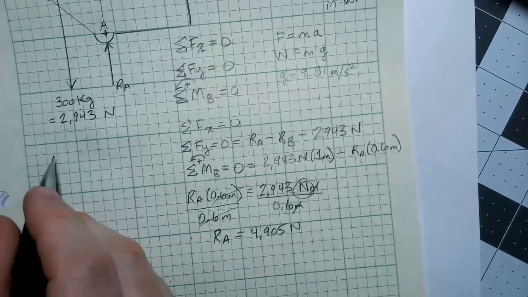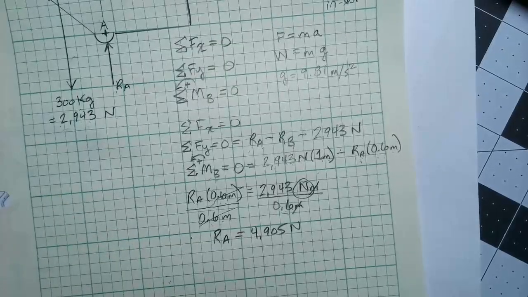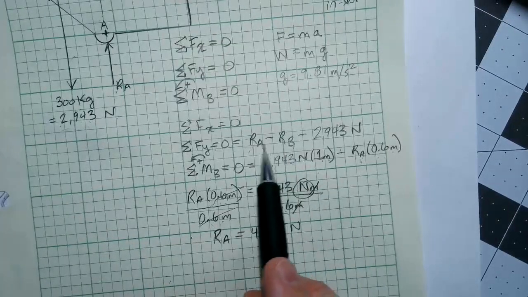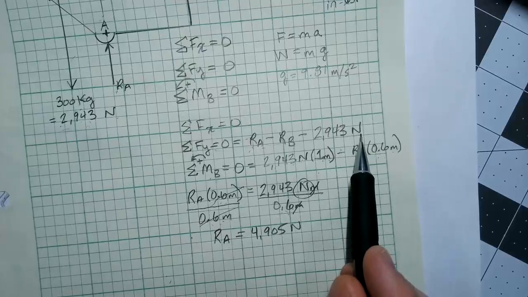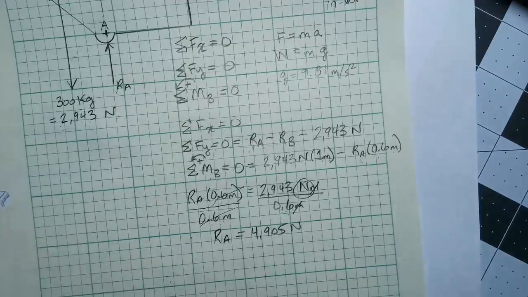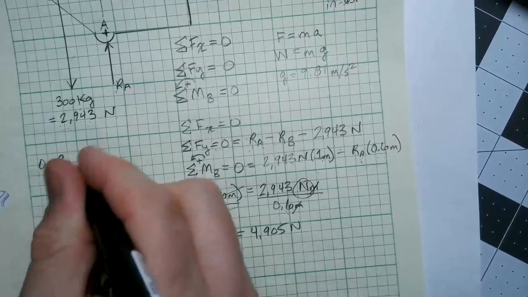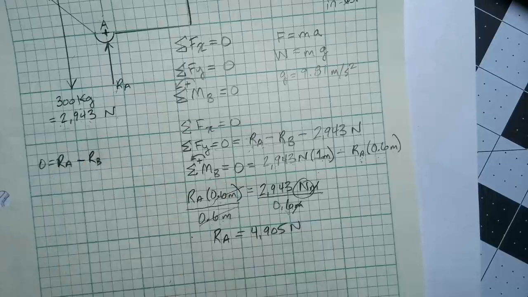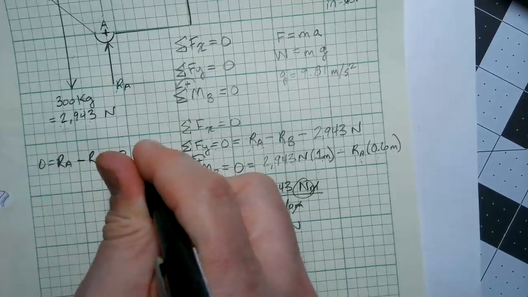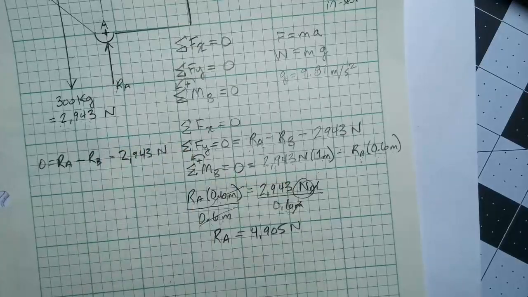So now we have RA. Let's move over here and solve for RB. So go back to our sum of the forces in Y equation, and we'll just rewrite that here. So 0 equals RA minus RB minus 2,943 newtons.